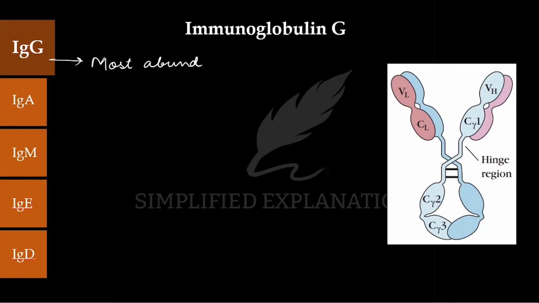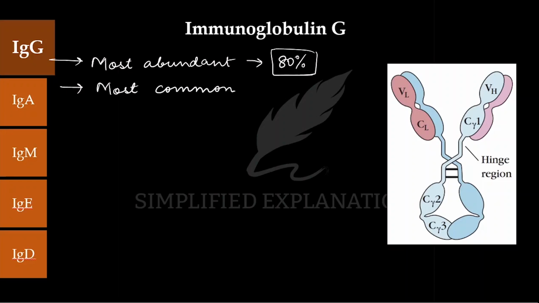They are the most abundant immunoglobulins in the serum, constituting around 80%, or 75%, of the total serum. They are also the most common type of immunoglobulin found in the blood circulation.